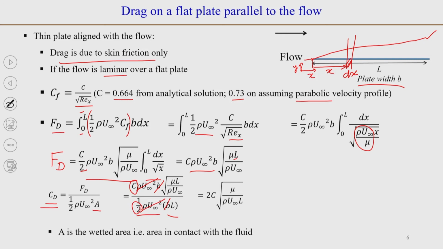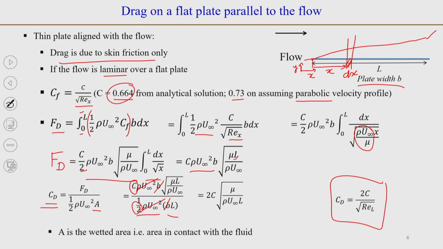So, you will have under the root mu divided by rho u infinity L, which is nothing but Re L. So, we can write that C D is equal to 2 times C divided by square root of Re L, and we know the value of C. We can substitute the value 0.664.